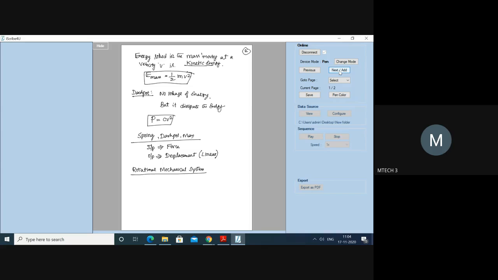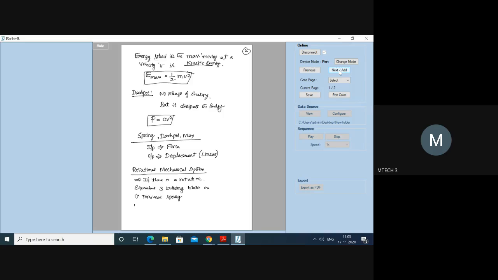If there is a rotation, the equivalent three building blocks are: number one, torsional spring.